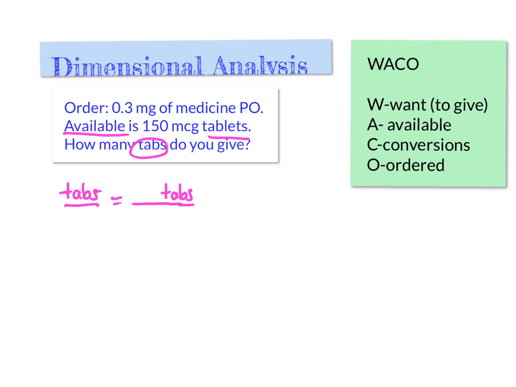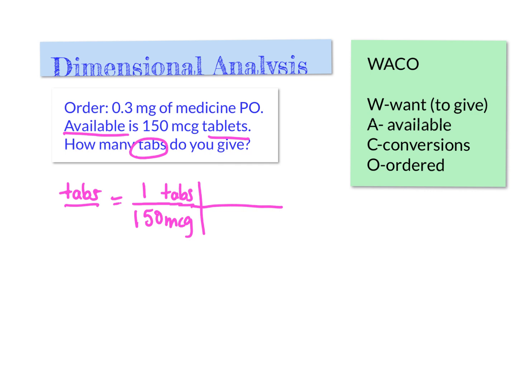I have 1 tab equals, and it goes with 150 micrograms. Okay, now I need to see, do I have any conversions to do? Well, this is in micrograms, and my order says 0.3 milligrams, so that's not the same. I'm going to have to convert that.